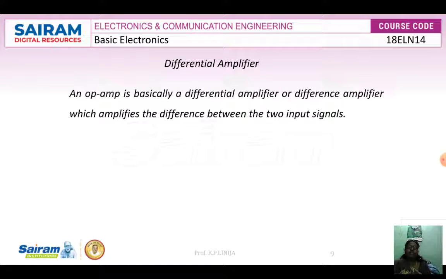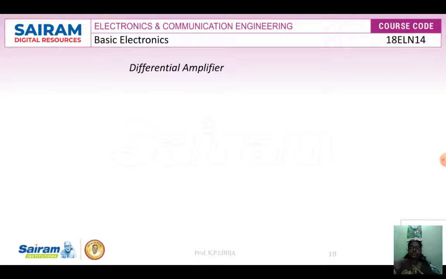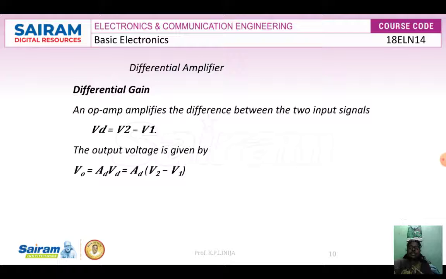Therefore, we know that two inputs are given to the op amp, and the differential voltage is equal to V2 minus V1. The output voltage V naught is proportional to V2 minus V1, so we can write the output voltage as V naught is equal to the differential gain AD into the differential voltage.